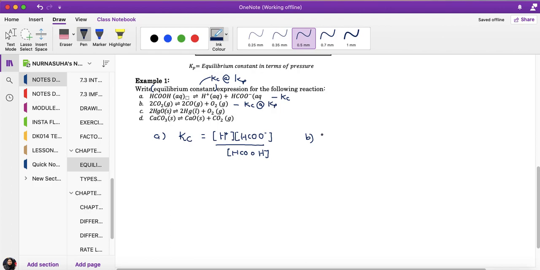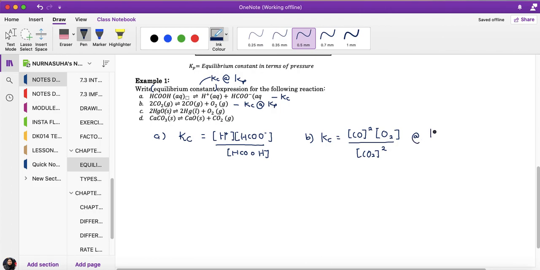Let's do Kc first, in terms of concentration. Carbon monoxide is the product, so concentration of carbon monoxide to the power of 2, times the concentration of oxygen to the power of 1, divided by the concentration of CO2 to the power of 2. This is the Kc expression.